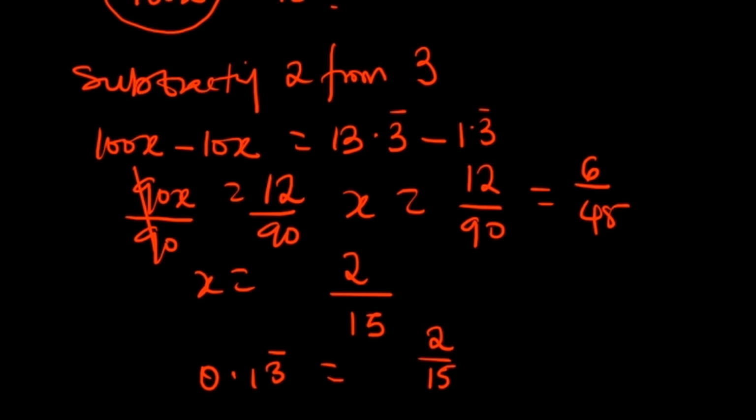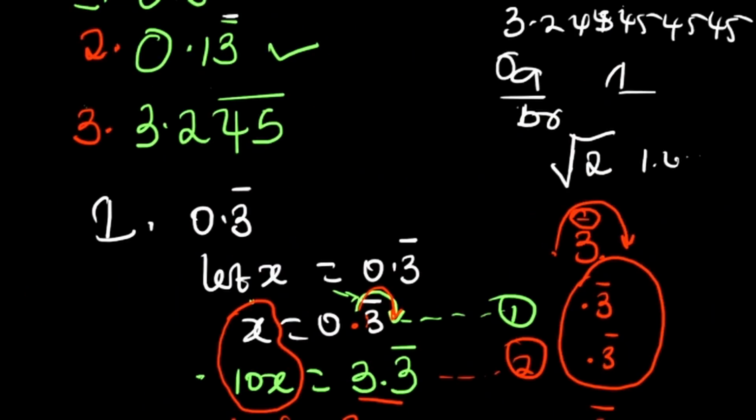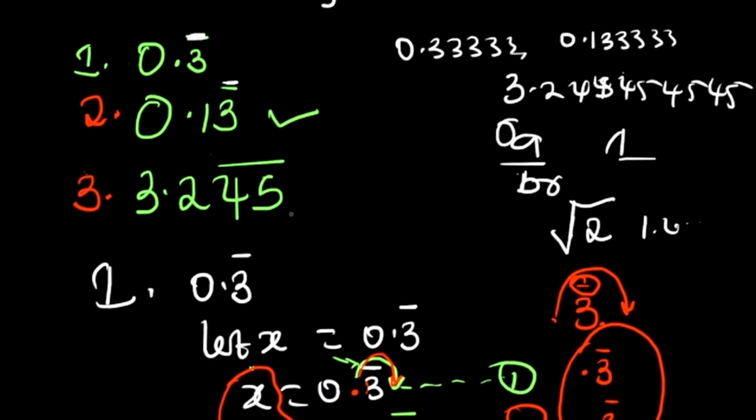Now let's try the last one to see if we can prove that this number is truly rational. And here is our number 3. It's 3.245 bar. Now let's work on it together and see what we shall obtain.